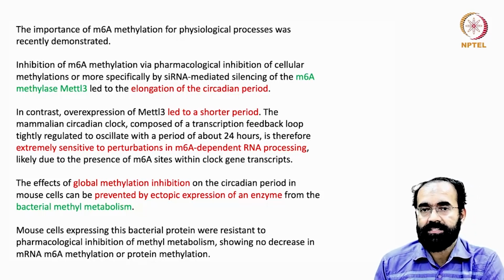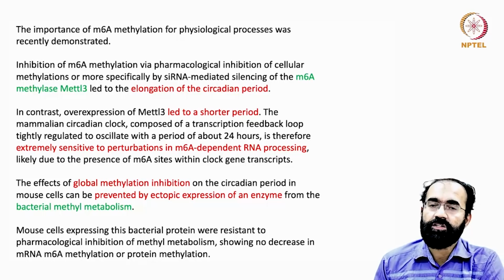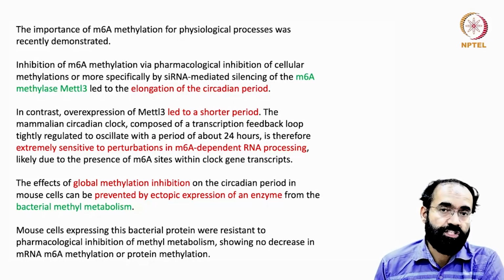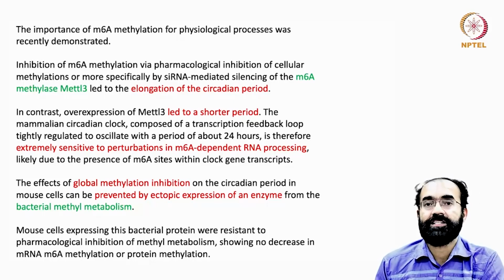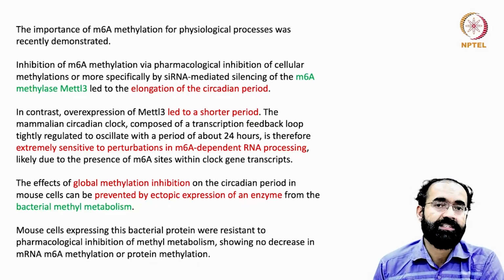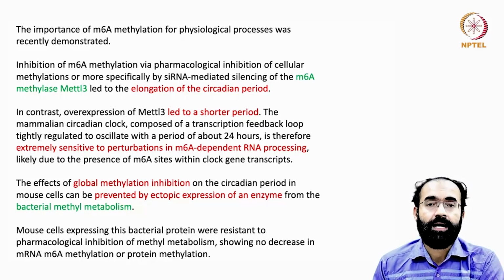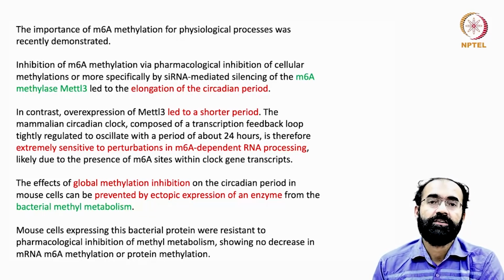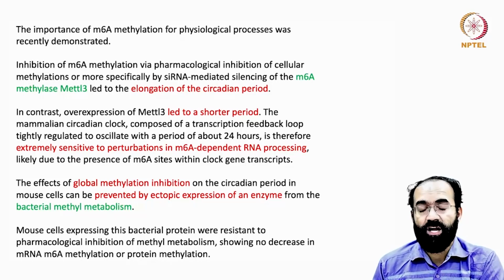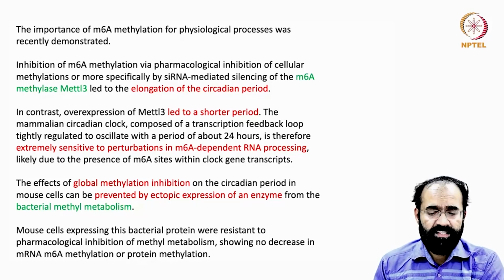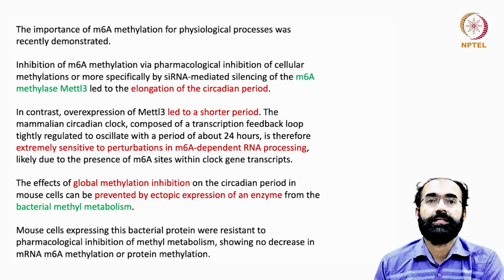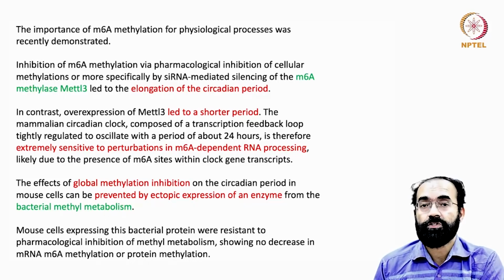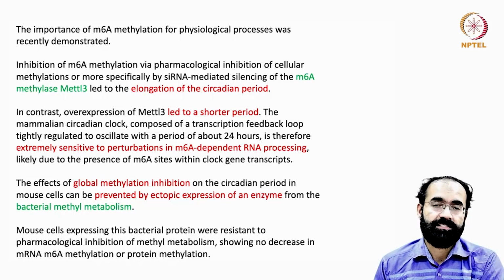So we can understand that some components of the bacterial metabolism can act as a rescuer for these methylation perturbations. This also suggests that these mechanisms are highly plastic and work across species, and they are a way of living for various biological systems. I will continue about these RNA modifications and also protein translation in the next class. Thank you.